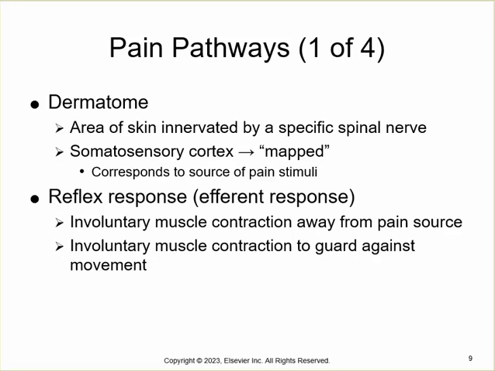Okay? Now, these pain sensors, these pain afferent fibers, they enter the spine and the spinal cord and they ascend up to your brain along pathways that go from the spine to the central nervous system.